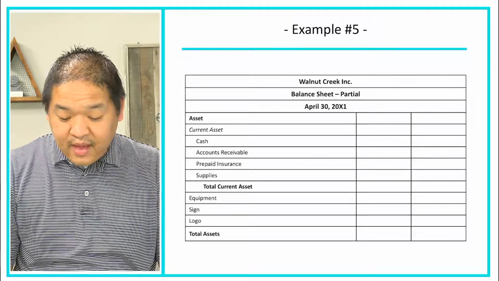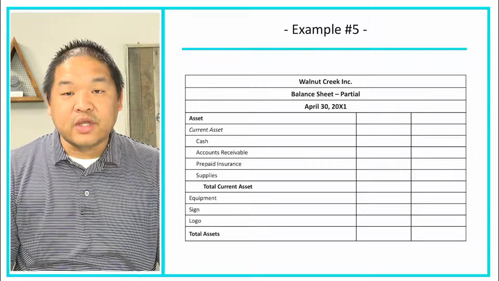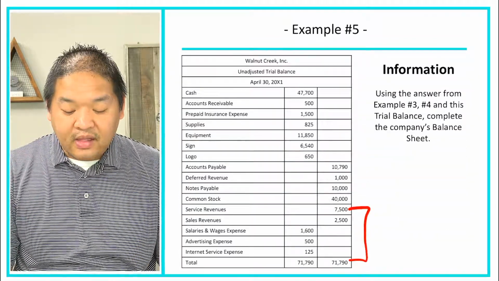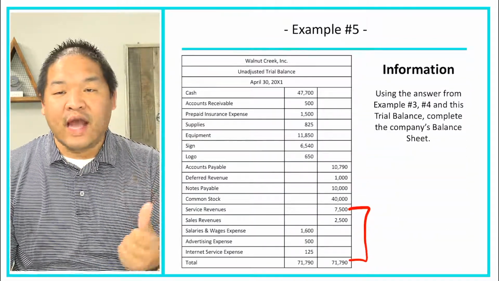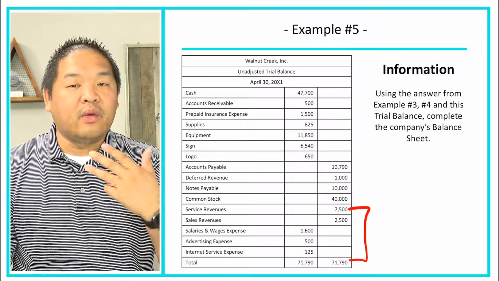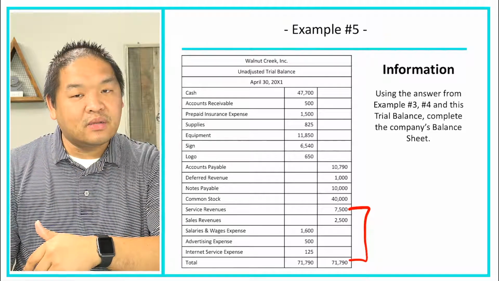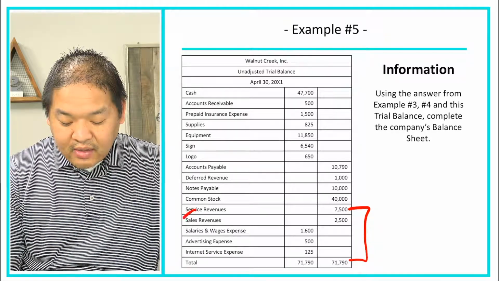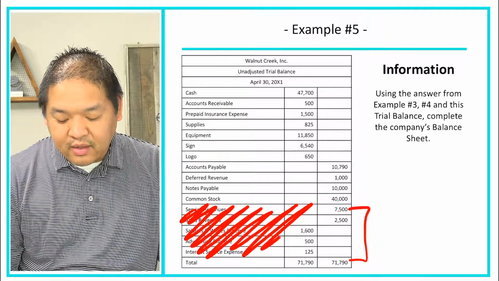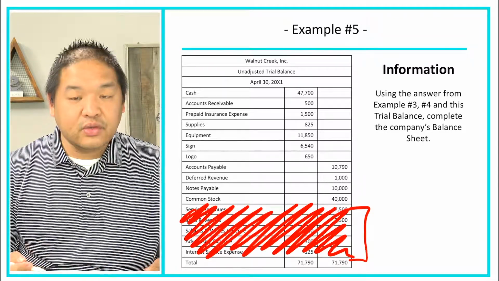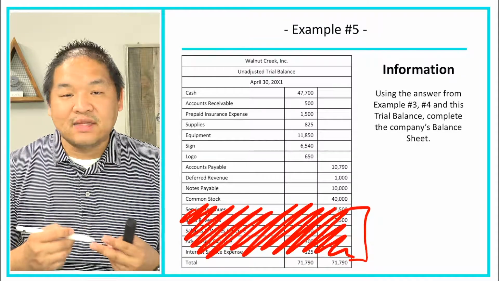All right, so with that, let's start with how we would solve this. The one thing I would do here is go through my trial balance and identify all of our assets, liabilities, and equity. Now, we already closed out all of our revenues and expenses through the income statement and the statement of retained earnings, so I really don't care about those accounts anymore, because I've already dealt with them. So now we're just going to go through each one and classify them as an asset, liability, or equity.